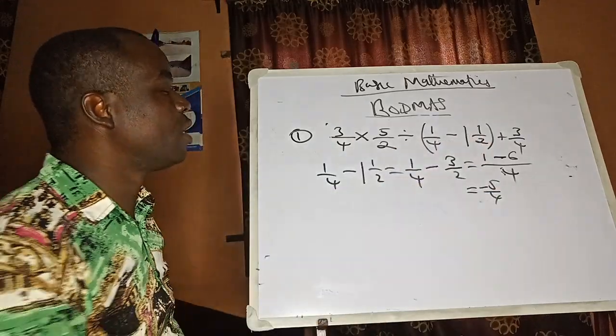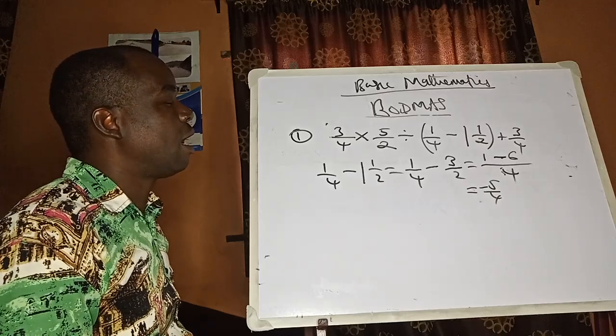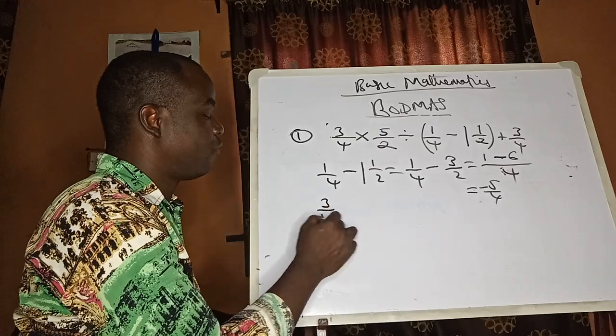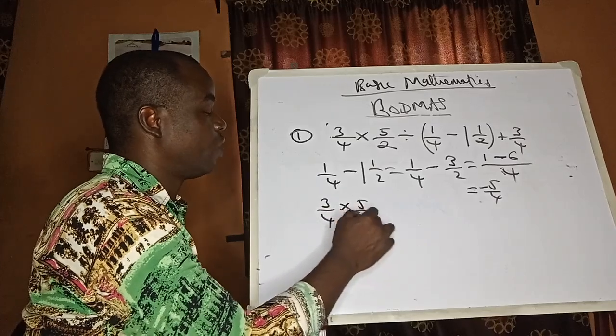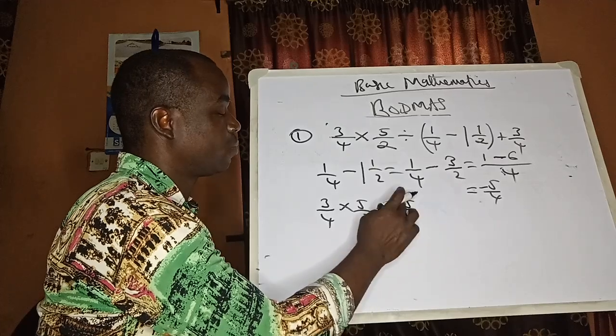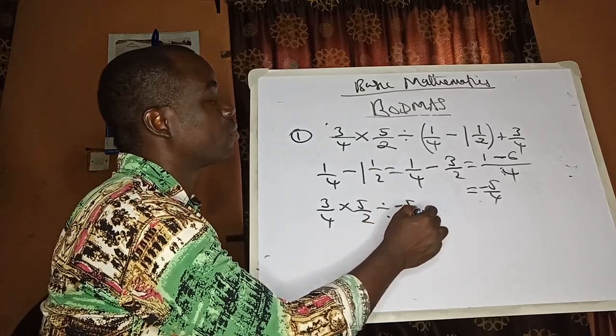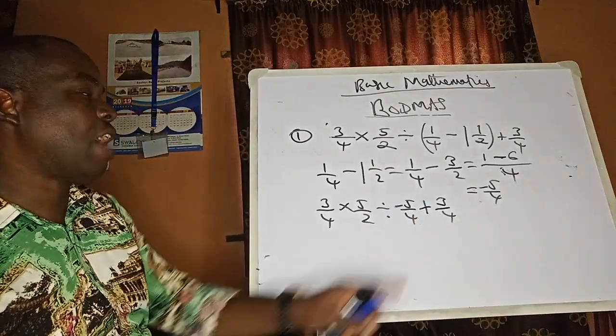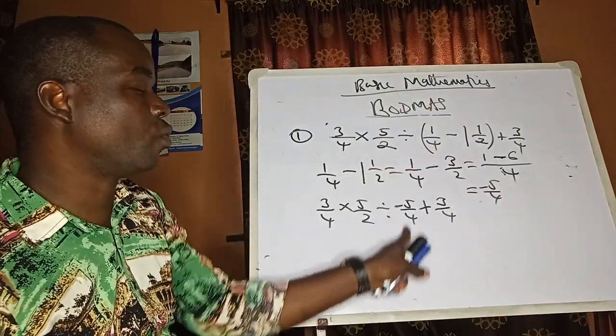Okay, so if we now do that, our answer will now be 3 over 4 times 5 over 2 divided by minus 5 over 4 plus 3 over 4.